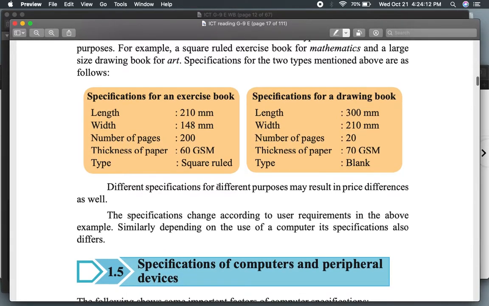Different specifications for different purposes may result in price differences as well. This is important. So when a product has different specifications to other products, there would be price differences.